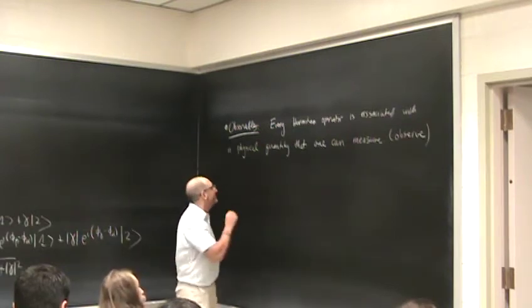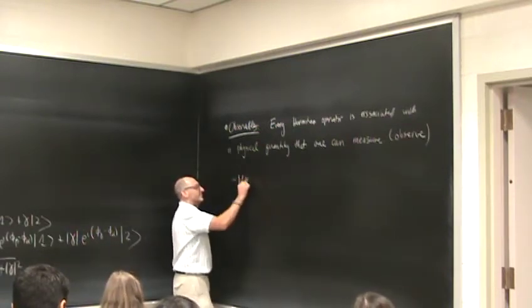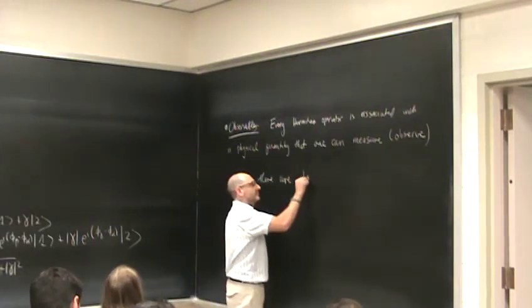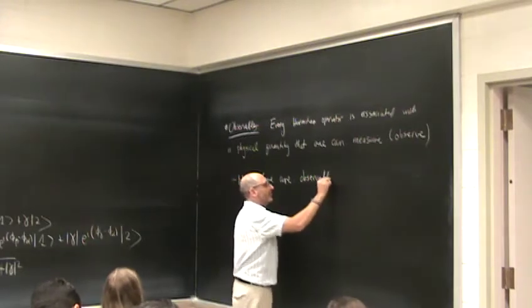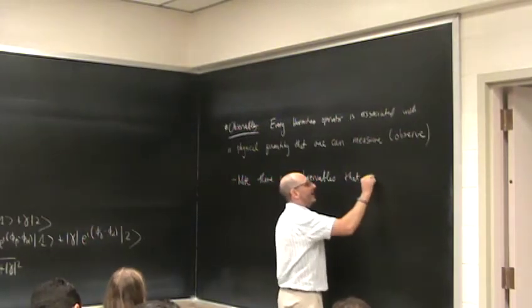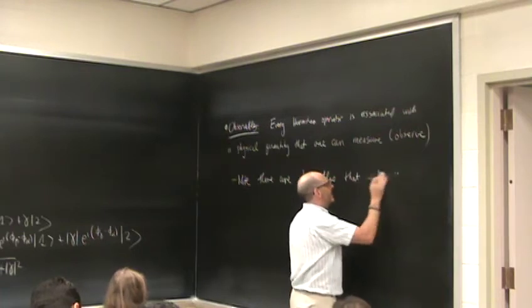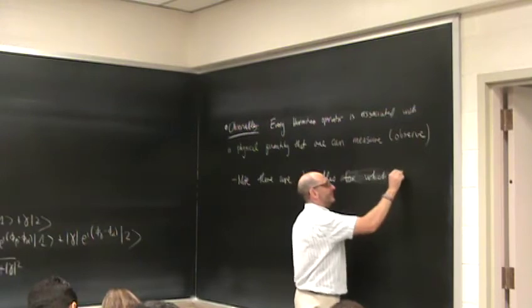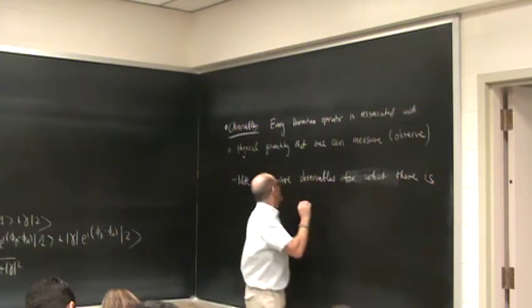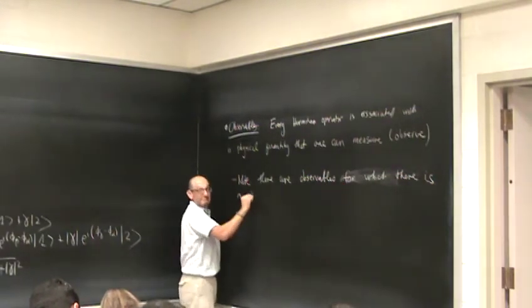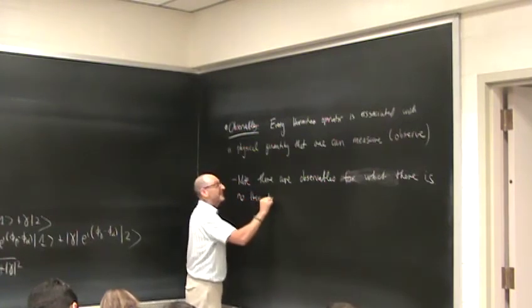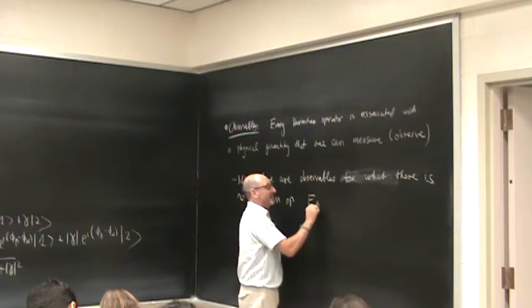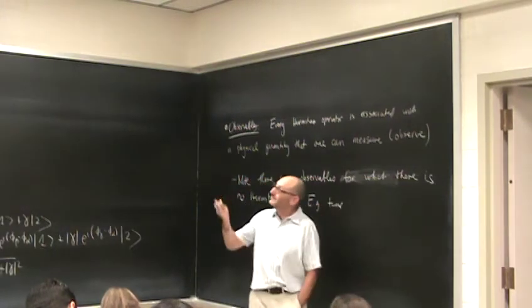That is to say, there are observables for which there is no Hermitian operator. You didn't know that. For example, I'm observing the time.